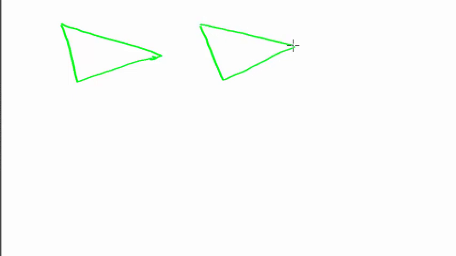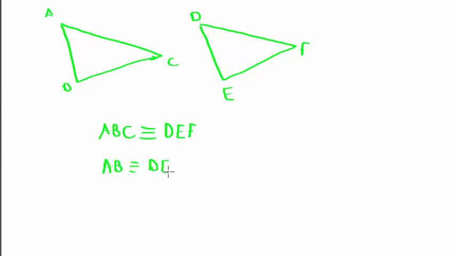So some of the congruency rules then come down to, and I'm not going to look at all the proofs, but if I had two triangles, and congruency rules are very, very important. If I had two triangles and they are congruent, if ABC is congruent to DEF, it means AB is congruent to DE, so the same portion of it.